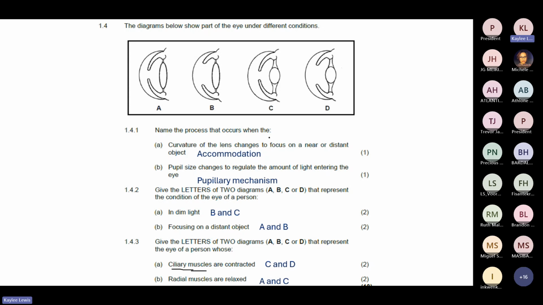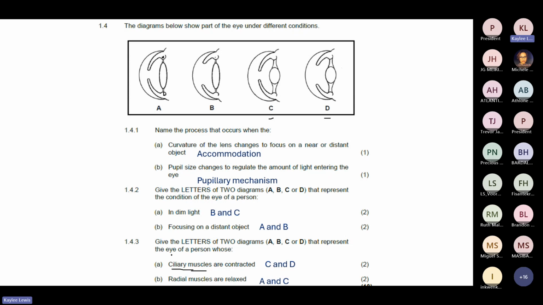So that is going to be sitting up here. It's in your ciliary body. So when they are contracted, that means the suspensory ligaments slacken and the lens would bulge out more. So where would it be bulging out more, the lens? That would be C and D.